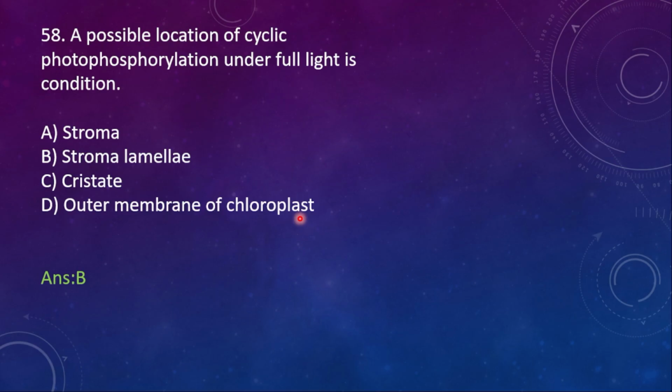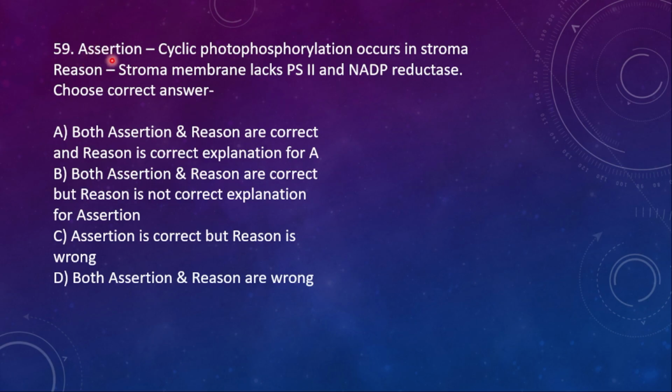Assertion and reason. Assertion: cyclic photophosphorylation occurs in stroma. Reason: stroma membrane lacks PS2 and NADP reductase. Choose the correct answer. Here the correct answer is B, where both assertion and reason are correct, but the reason is not the correct explanation for the assertion.